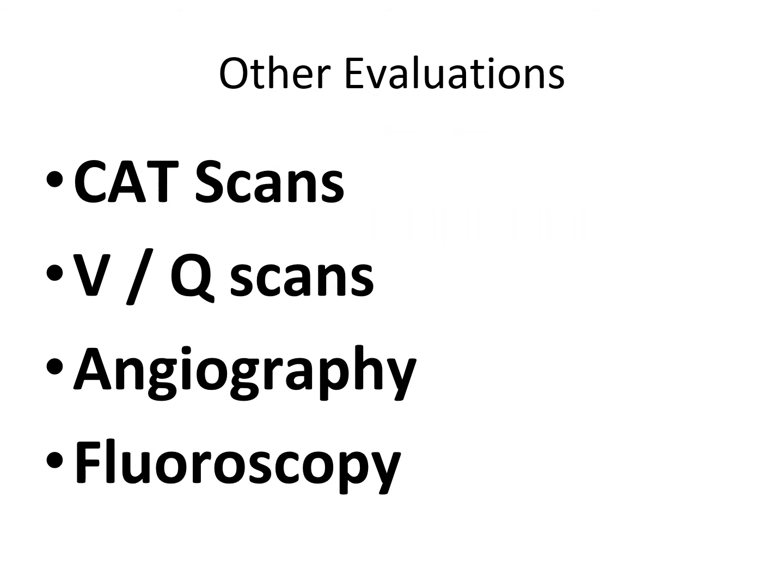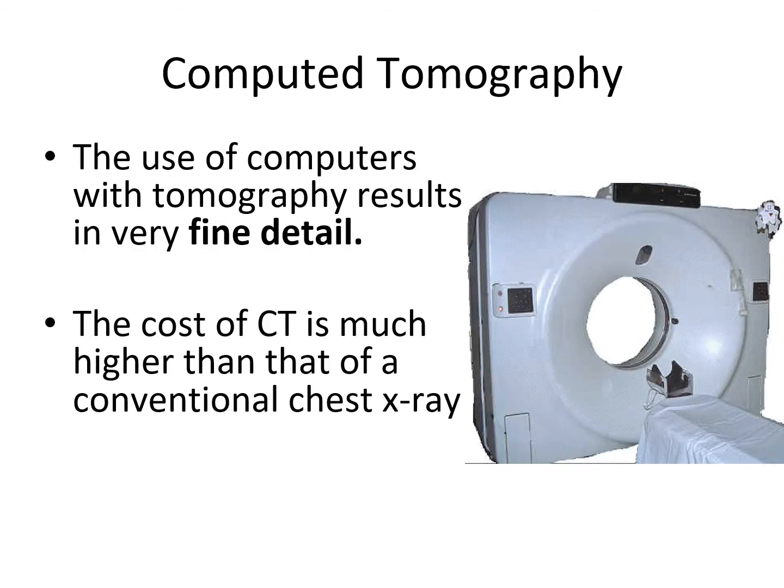Okay, other types of evaluations, or other types of radiology that are not necessarily chest x-rays: CAT scans or CT scans, VQ scans, which we really don't do anymore, angiography, and fluoroscopy. So CT scan is computed tomography. It gives us little slices, very fine detail, usually about 1 to 2 millimeter sections.